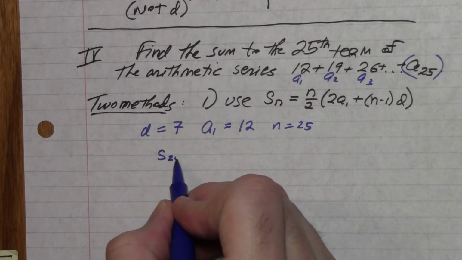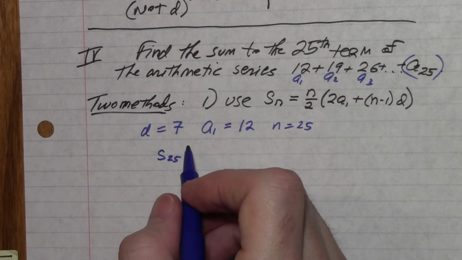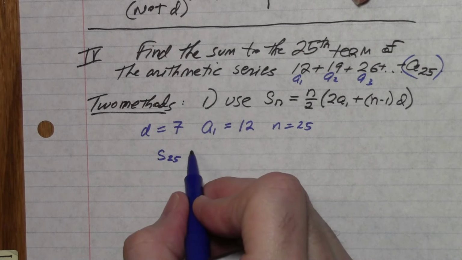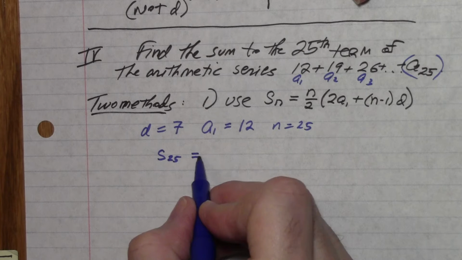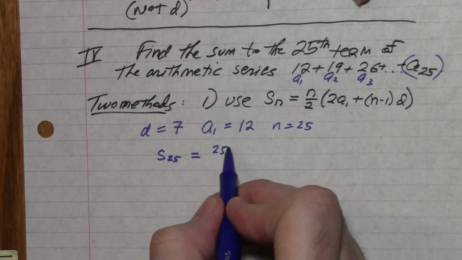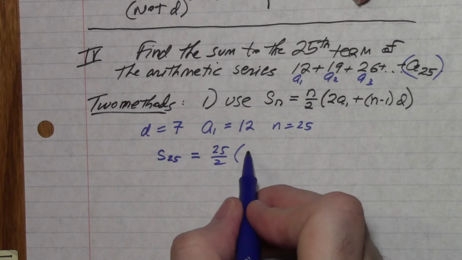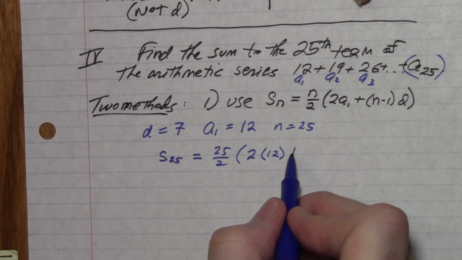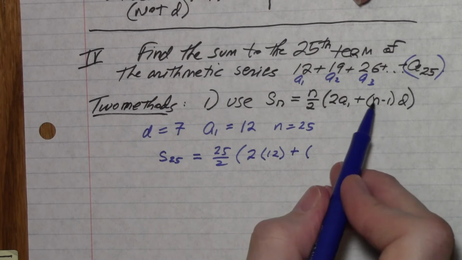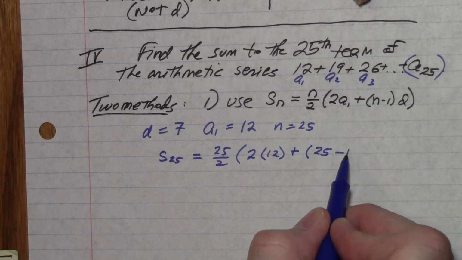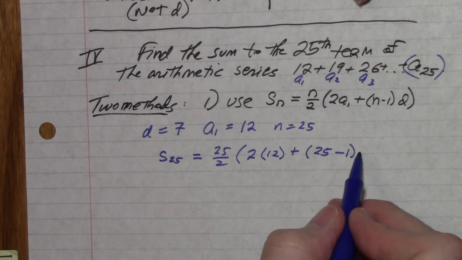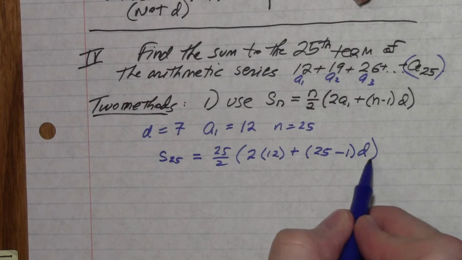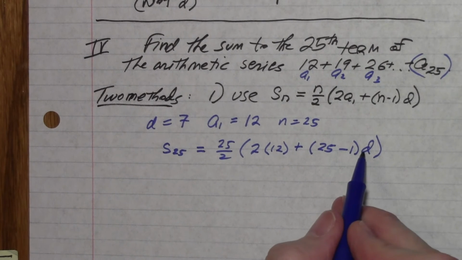The sum at the 25th term is equal to 25 over 2 times the first term, the 12, plus the 25 minus the 1 times the d. Well, we don't know that.